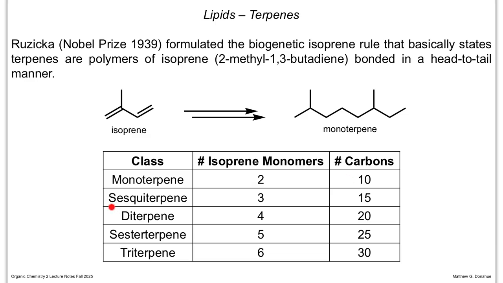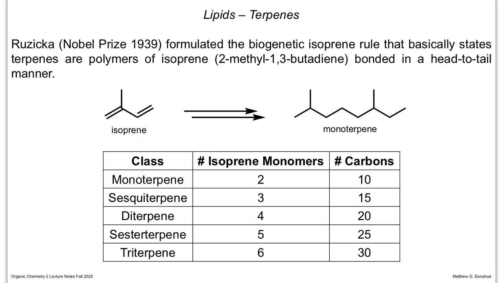Sesqui, apparently that means 1.5. That has 3 isoprene monomers, that's 15 carbons. Diterpenes has 4 total monomers for 20 carbons. Sester, 2.5, that gets you to 25. And then tri is 6, so that gets you to 30.